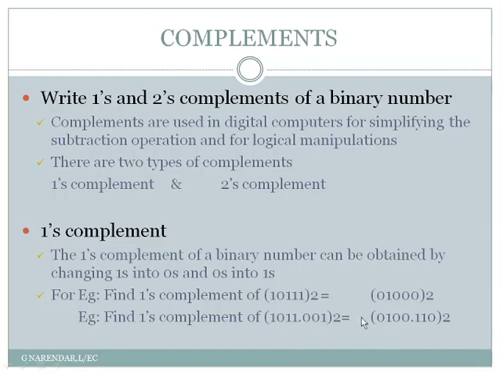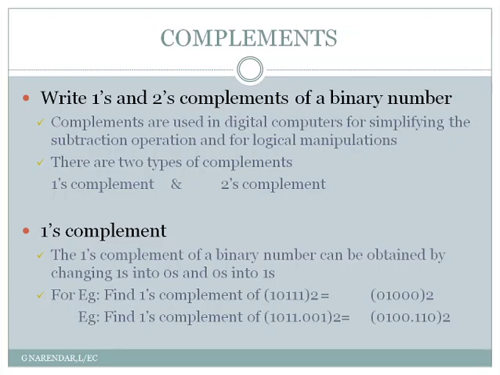So the first bit 1 becomes 0, the 0 becomes 1, the two ones become 0, the two zeros after the binary point become 1, and the last bit 1 becomes 0. This is the way we can write ones complement of a given binary number.